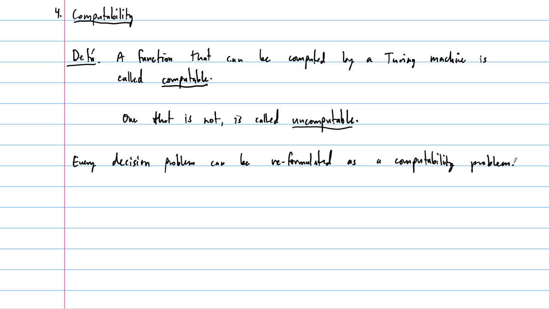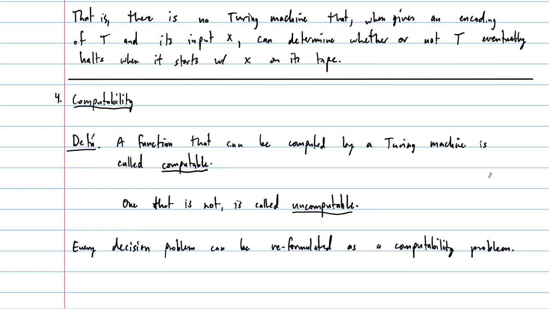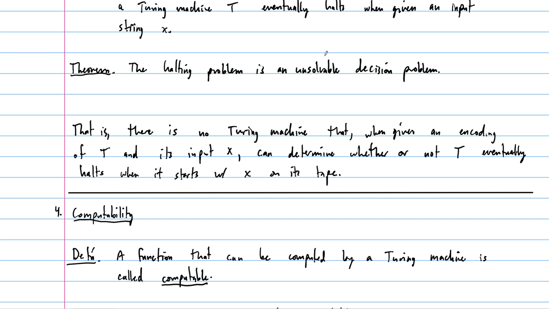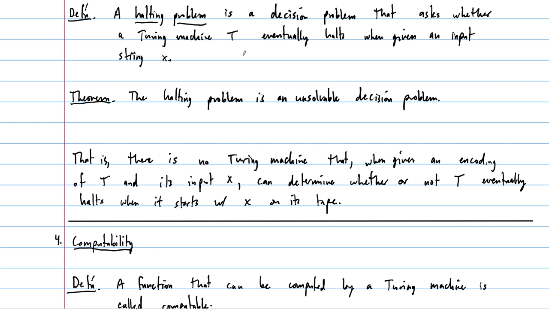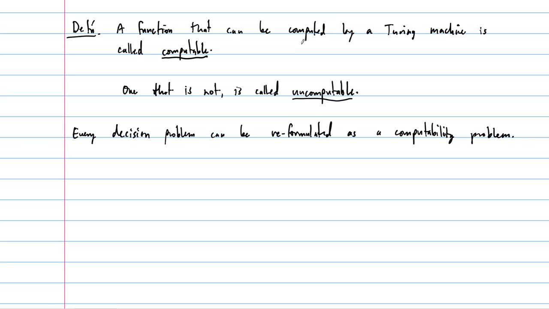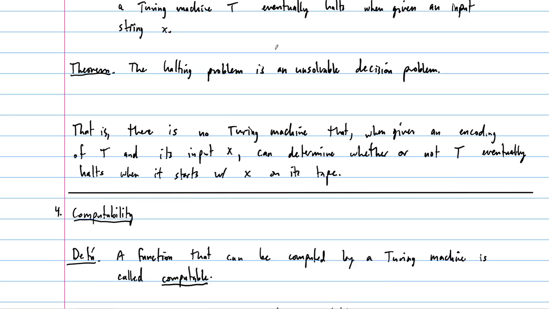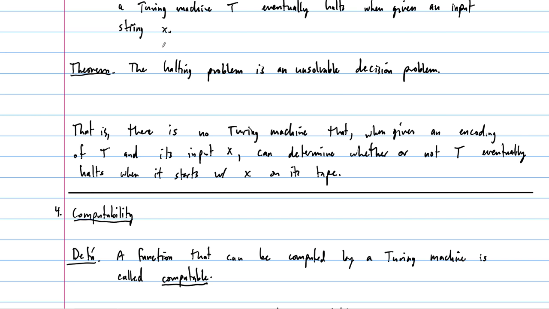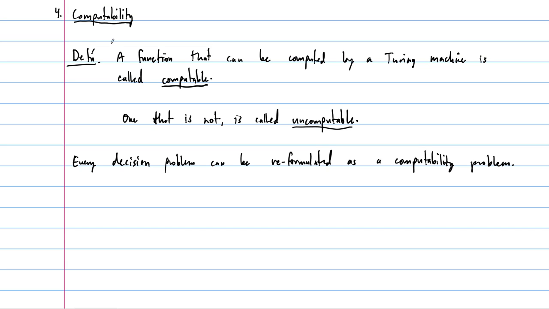This, by the way, is how the previous theorem is proved, by using computability of functions as opposed to basic decision problem theory. So you show that the halting problem is not computable, basically. Written as a function, it's not a computable function.